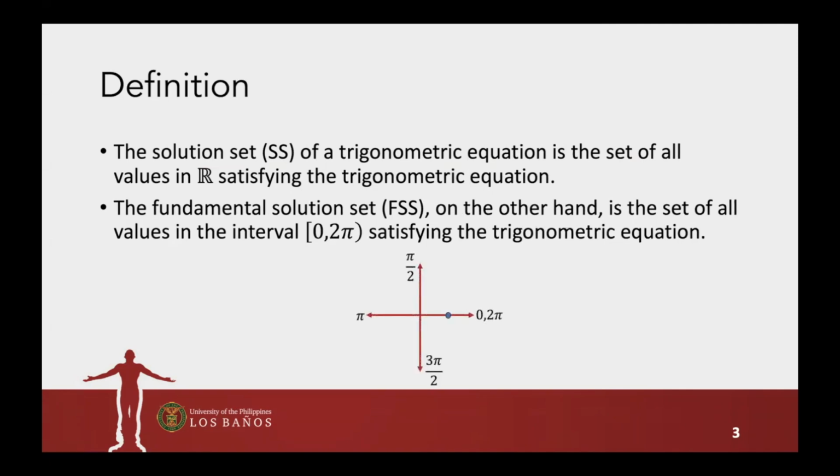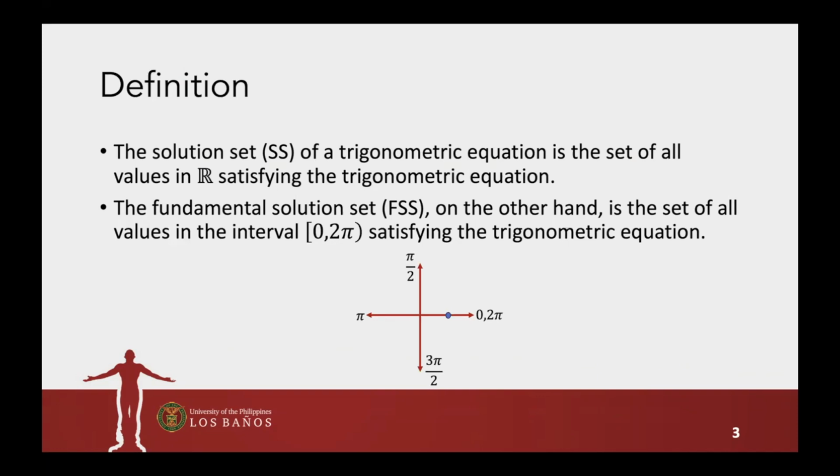So basically, for your fundamental solution set, or FSS, we are just considering all angles satisfying your equation starting from 0 up to 2 pi. So we're just considering one rotation, or angles within the first rotation.